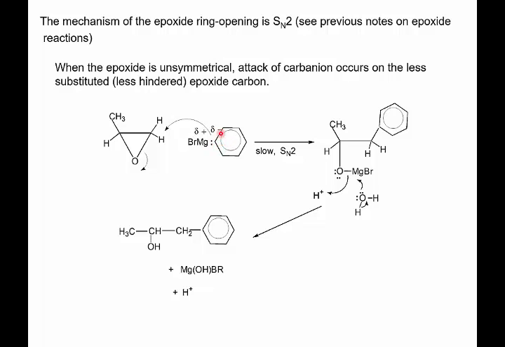If it's SN2, that means the nucleophile, the carbon nucleophile here, is going to bond to the epoxide carbon that is sterically less hindered. And of these two, this one has two hydrogens, and this one has a methyl. It's the epoxide carbon here that's less sterically hindered, and so the nucleophile preferentially in an SN2 process will bond to that carbon. It'll bond to the carbon on the right, breaking this C-O bond.